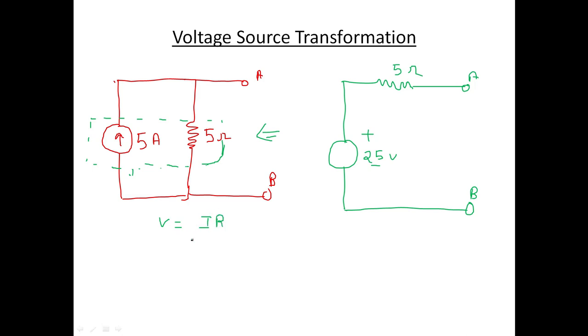Here I is 5 ampere and resistance is 5, so 5 fives are 25 volt. That's why this 25 volt arises, connected in series with 5 ohm resistance. So in voltage source transformation, we convert a current source into a voltage source having an equivalent resistance in series with this circuit. So it is known as voltage source transformation.